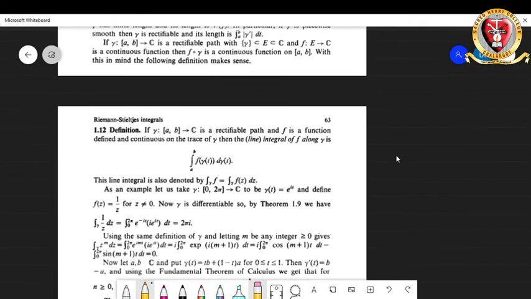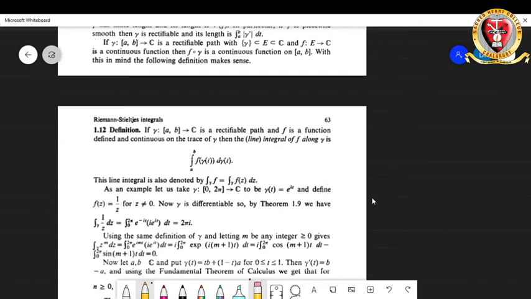Then the line integral of f along γ is nothing but the integral from a to b of f(γ(t)) dγ(t). That means f composition γ of t, dγ of t. So this is usually denoted by the integral over γ of f, or the integral over γ of f(z) dz.